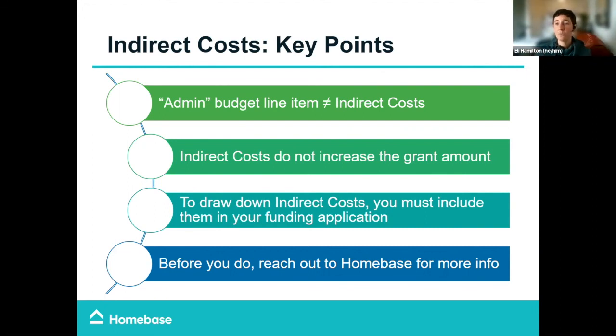The reason that we recommend that you reach out to Home Base, or just do a lot of research, is that getting indirect costs, you have to be really intentional about it. There's a lot of decisions to make, and there are a lot of rules around it. So that is our little message about indirect costs, and we really encourage you, if you're interested, to follow up with us.